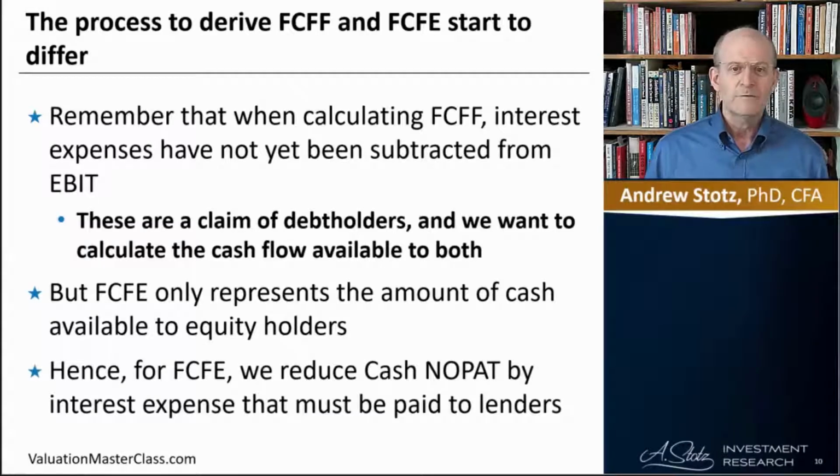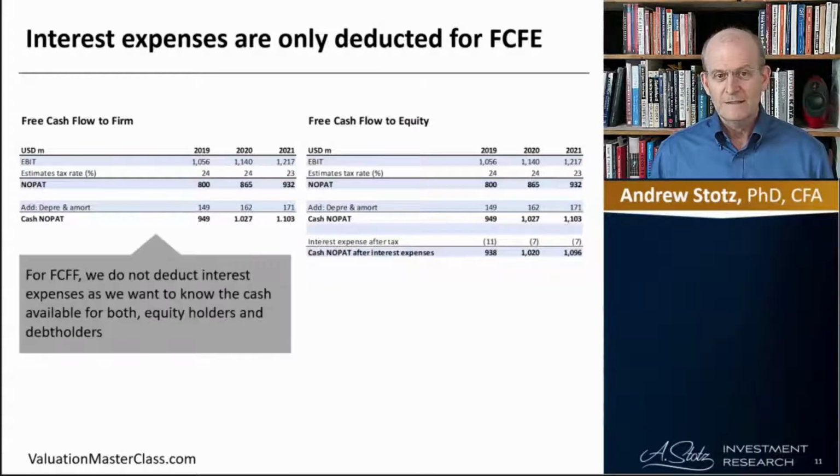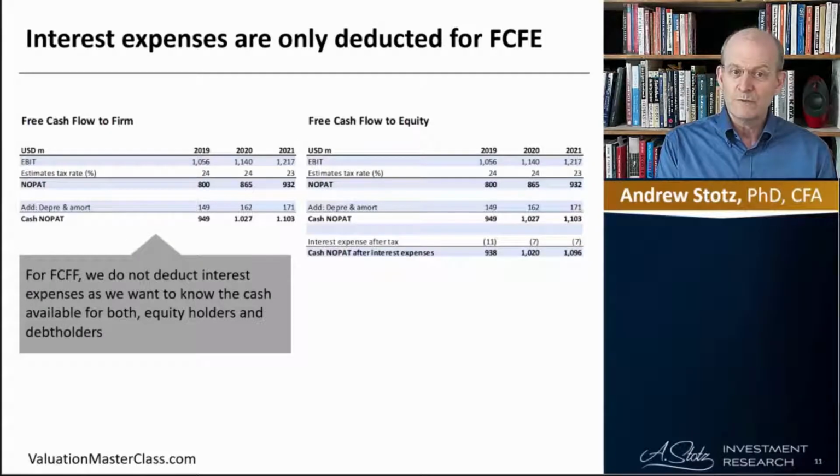Hence, for free cash flow to equity, we reduce the cash NOPAT by interest that must be paid to lenders first before it could be available to equity holders. So the difference you can see on the right side, free cash flow to equity, is that we're now going to reduce the cash NOPAT by the interest expense after tax. For free cash flow to the firm, we do not deduct interest expenses as we want to know the cash available that we could distribute to both equity holders and debt holders.